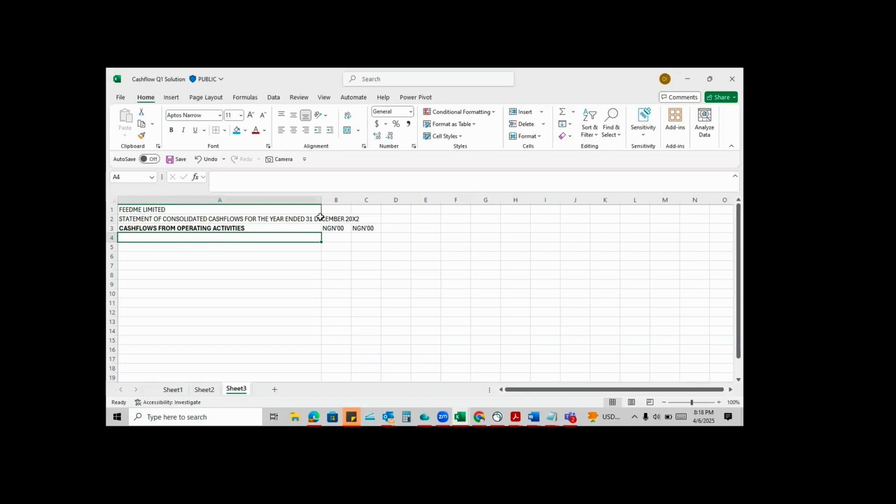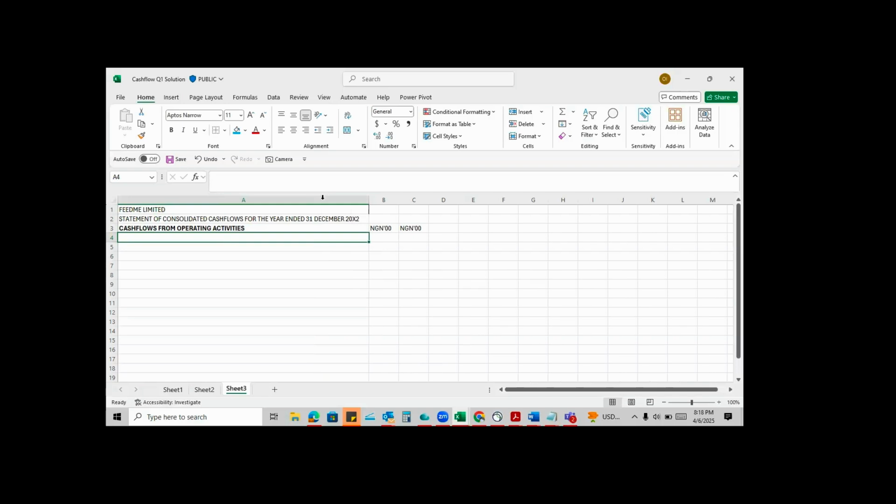The only thing is that we have some typical transactions for a group that would not have surfaced at the level of individual company. All right. So let's get started.